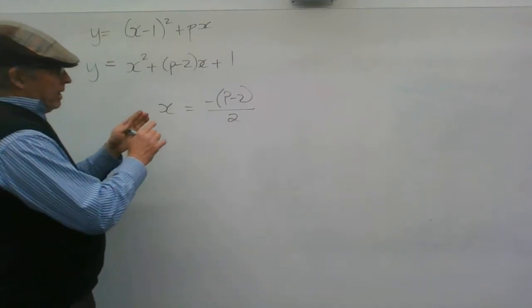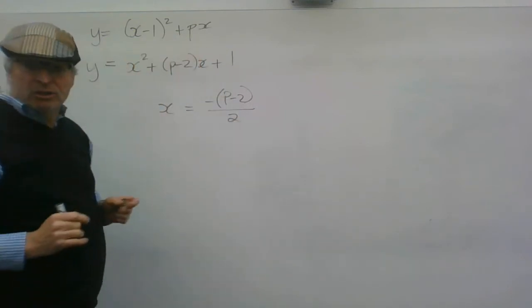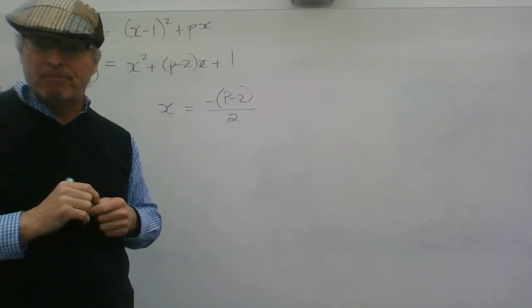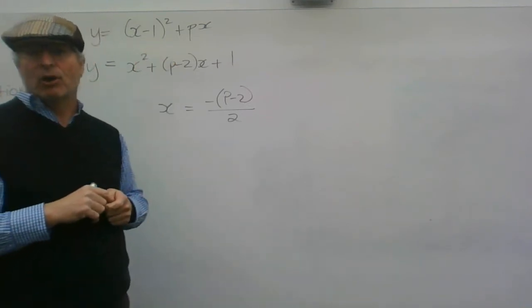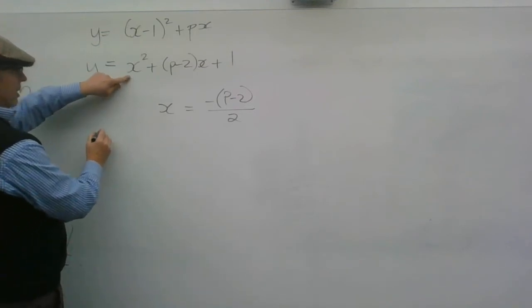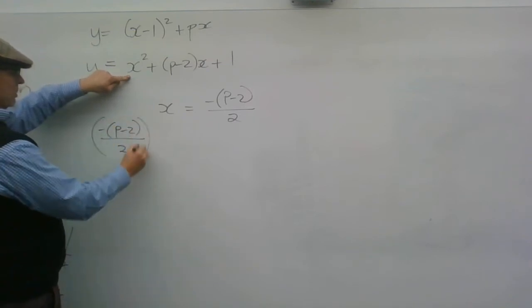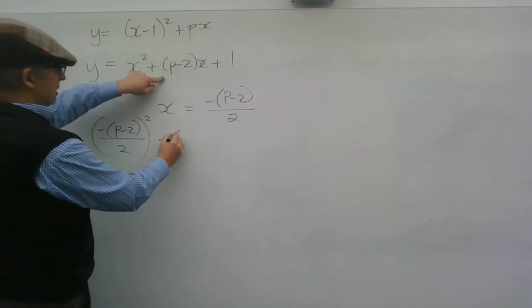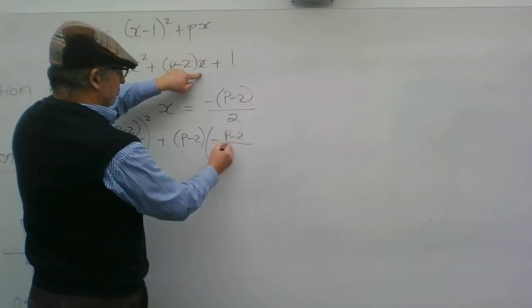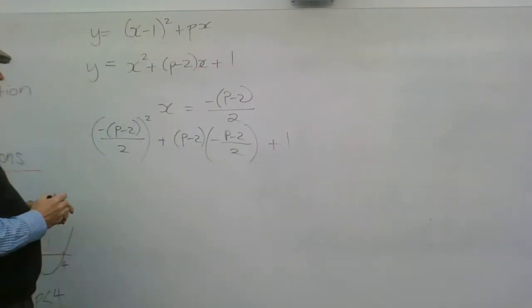Now, if I take that x-coordinate and put it back into my equation to find the y value, I need the y value to be positive, up above the x-axis, so I've got no real solutions. So I'm going to put it back in here: minus (p minus 2) on 2, squared, plus (p minus 2) times minus (p minus 2) on 2, plus 1. That's what y equals.